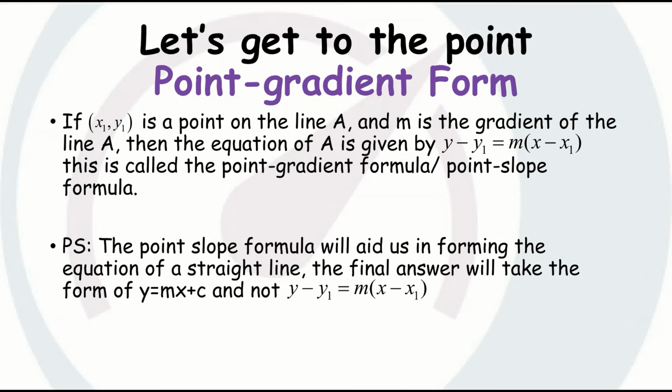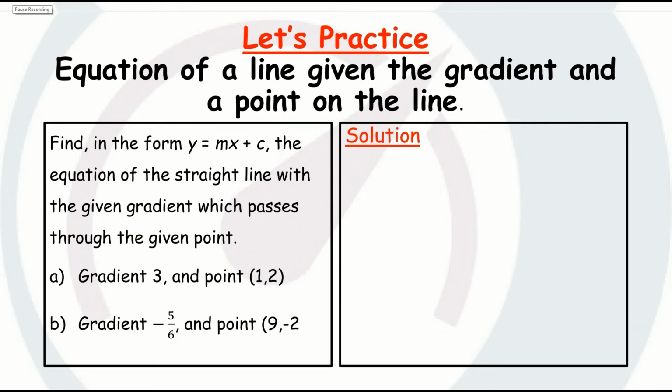The final answer will always take the form y equals mx plus c, which is our gradient intercept form, or slope intercept form, or the general form, which we'll look at in a minute. Now I'm going to rework the same questions using the point form.